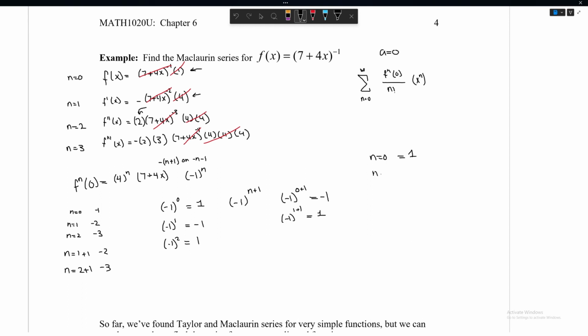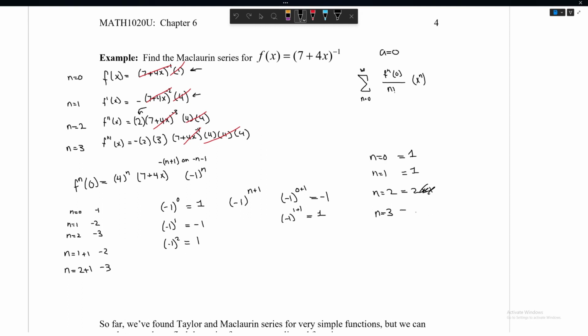When n is 1, the answer is still 1. So see, it's still 1. You have a negative 1 here, and you have a positive 1 here. Okay? When n is 2, you get 2 times 1, which is the same as just saying 2, right? And that's how we have only 2. When n is 3, we get 2 times 3.